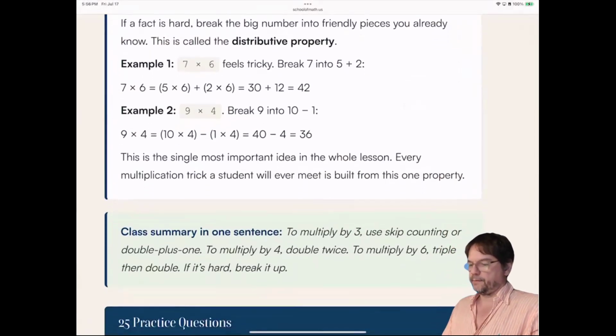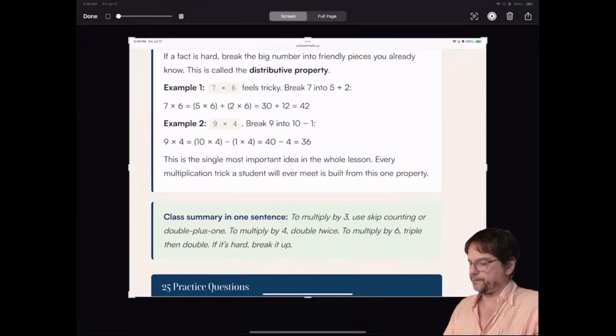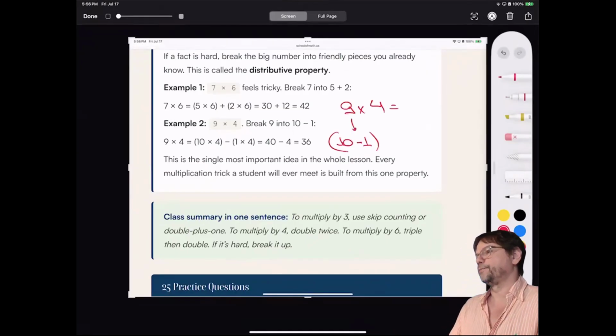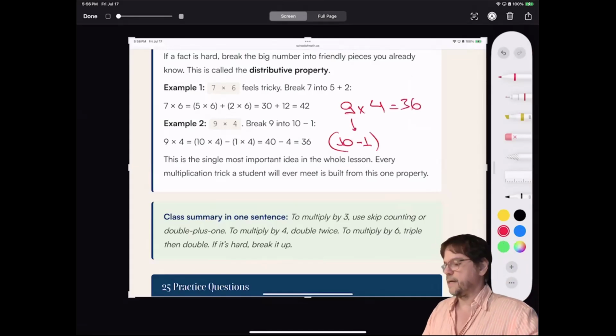Okay. For example, 9 times 4. Look, you break 9 into 10 minus 1. 10 minus 1 is 9. Do you agree? 9 times 4, how much is it? Or 4 times 9, because of the commutative property. 36.